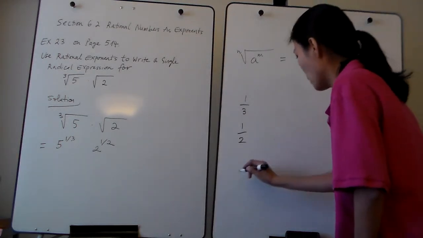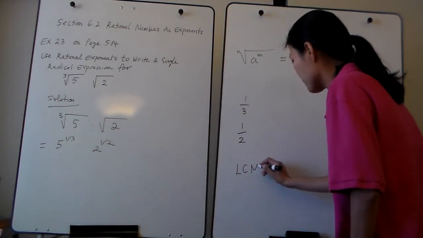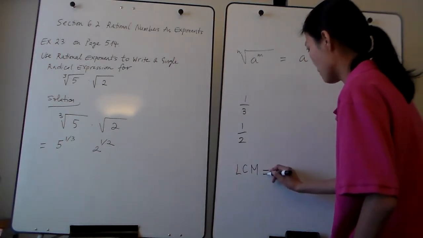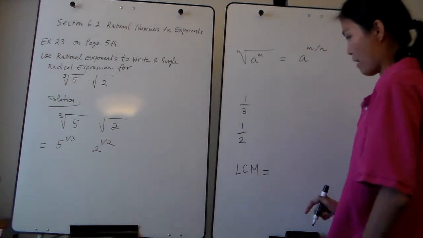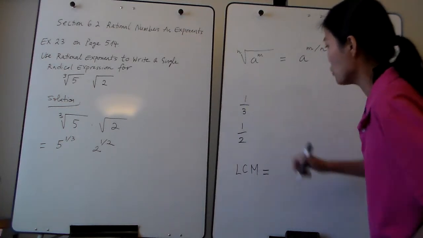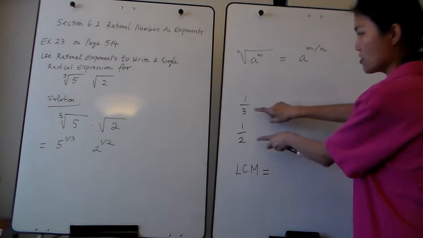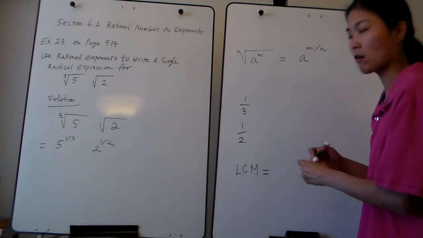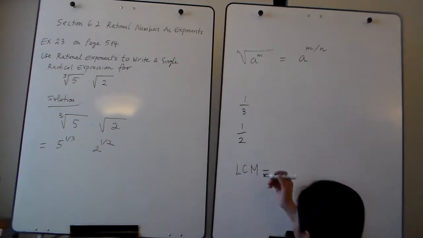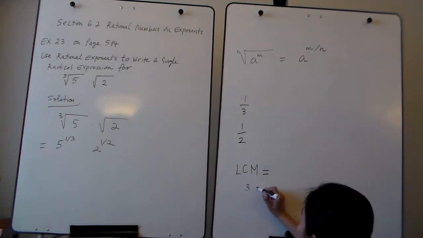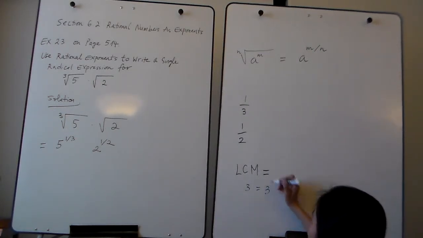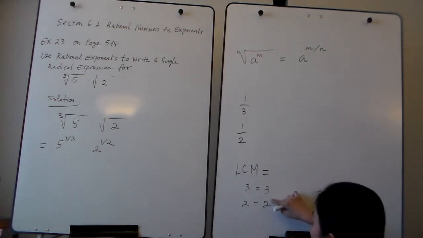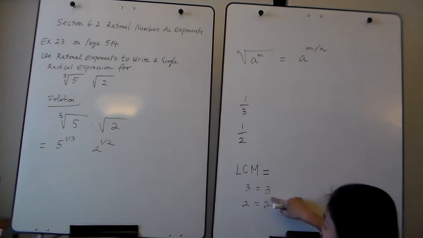To do that, we find the LCM of the denominators. The LCM can be found by using the factor from each denominator with the greatest number of times that it occurs. For 3 here, it only happens 1 time, so you put 3. For 2 here, again, 2 only happens 1 time, because 2 is raised to the first power.